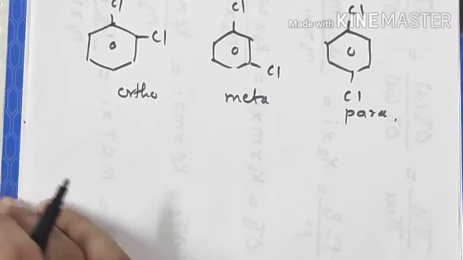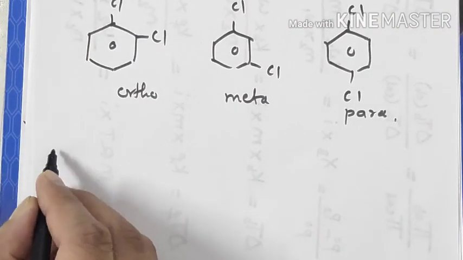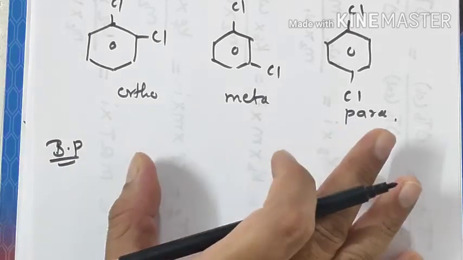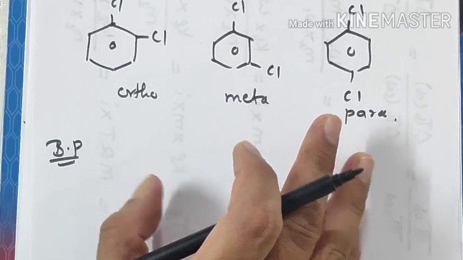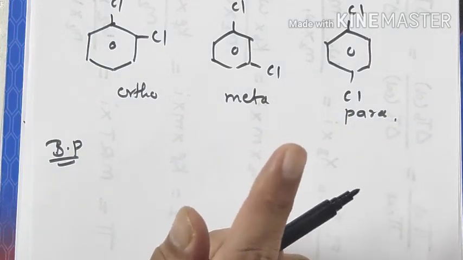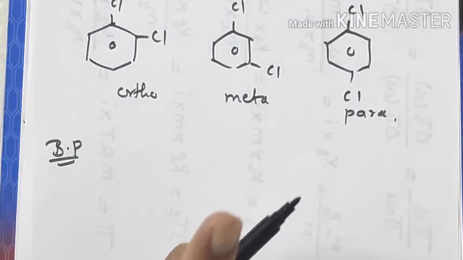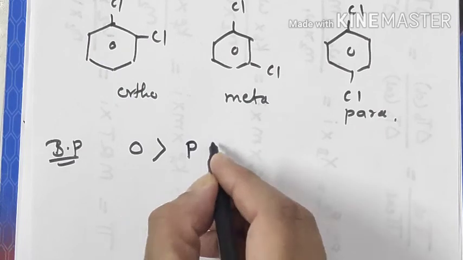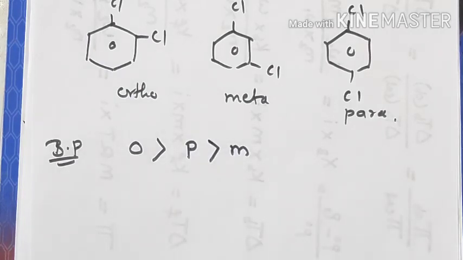Right, now if I talk about boiling point, first I talk about boiling point. So whenever the question comes on that, understand if ortho is there, then ortho will always have higher boiling point. Ortho group will always have a higher boiling point in comparison to para, in comparison to meta.